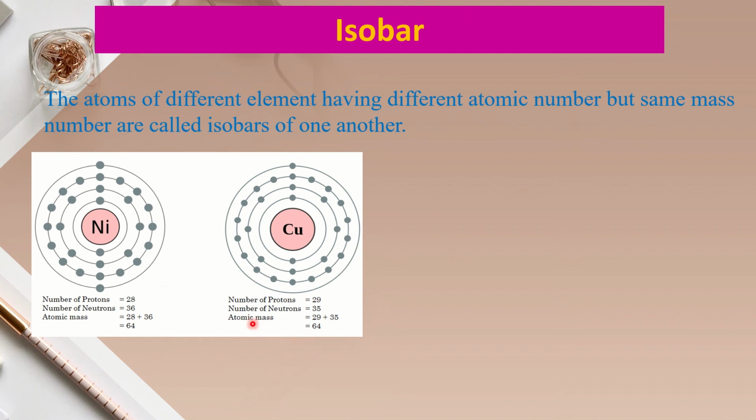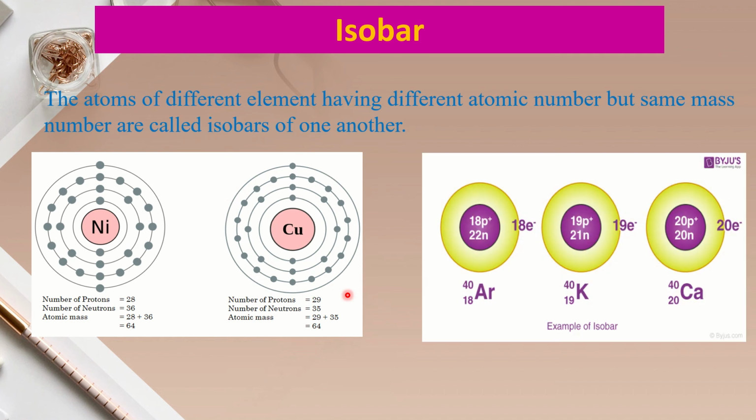So their mass numbers are the same, so nickel and copper are isobars to one another. Nickel 64 and copper 64. Look, most copper atoms have mass number 63 and 65, but some have mass number 64. This copper atom is the isobar of nickel 64.